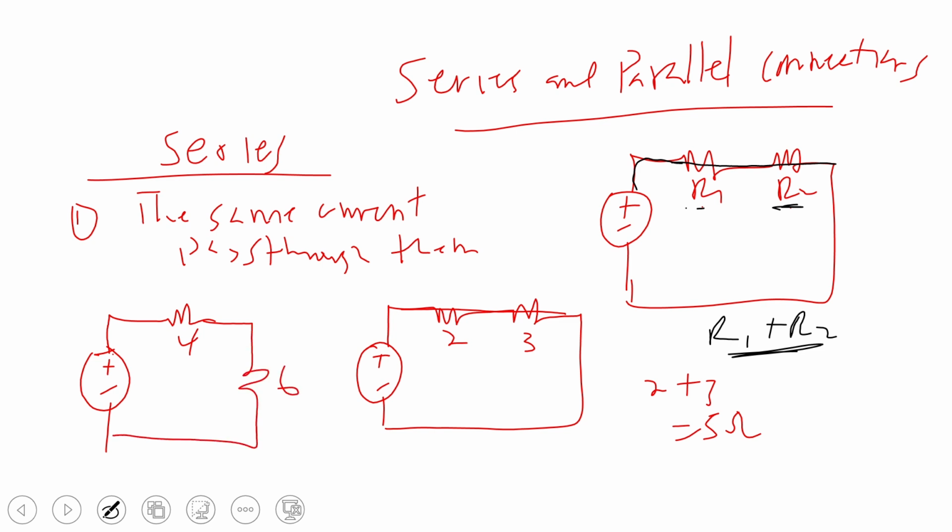Most of the time, it's not about how it's connected. It's about whether the same current is passing through or not. The current that passes through the 4, the same one passes through the 6. So you say 4 and 6 are in series, and you add them, you get 10 ohms. This is how you are able to identify whether something is in series or not.